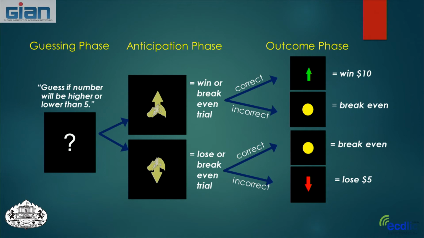So they know if they're going to either win or break even, or lose or break even. By doing this, we can take the time period of the scans during the anticipation phase and look at those separately from those during the outcome phase. So we can tease this apart into looking at both anticipation and outcome.